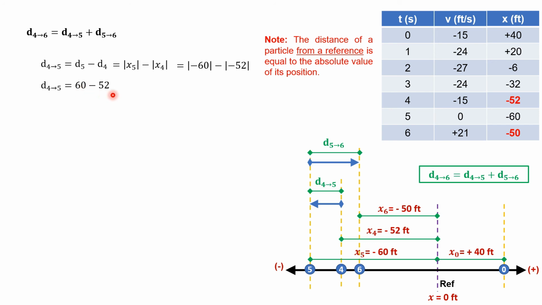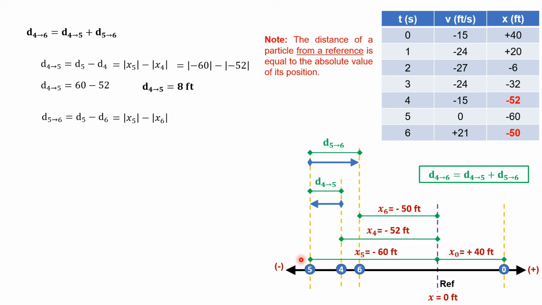Okay, so 60 minus 52, the distance from 4 to 5 traveled by the particle is equal to 8 feet. Then next, let's compute the distance traveled by the particle from 5 to 6. That is equal to d sub 5 minus d sub 6, or we can write it as the absolute value of x sub 5 minus x sub 6.